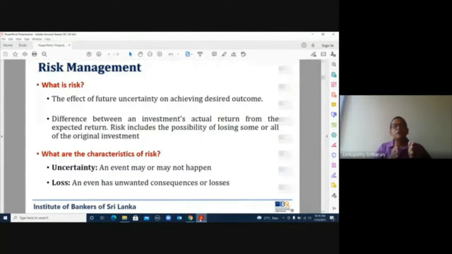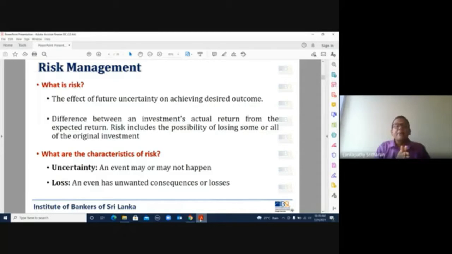Okay. So with that understanding, if we go to the proper definition, what is risk? The effect of future uncertainty on achieving the desired outcome. In my example, the desired outcome is reaching the office by car within 1 hour.